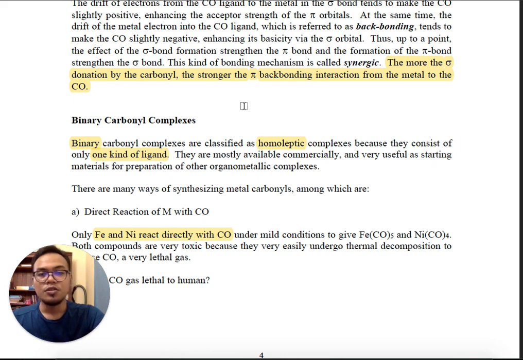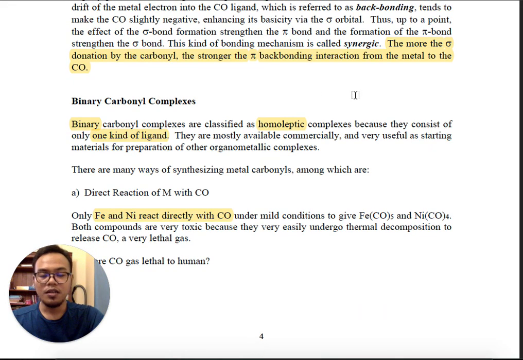Okay, so far, what have we learned? We learned the formation of carbonyl complex. There are two steps. One is the formation of sigma bond. This can happen through the overlapping of sigma orbitals of your carbon from carbonyl with the sigma orbitals of your metal. Second is the formation of pi bond.